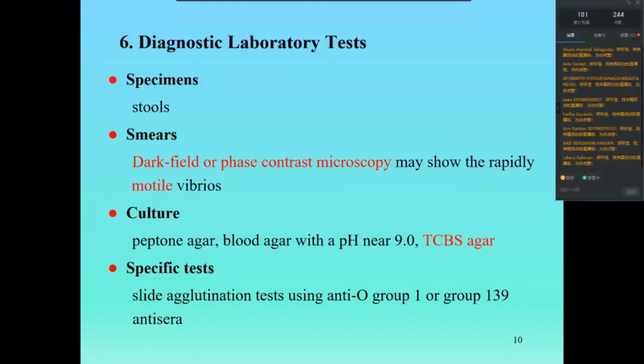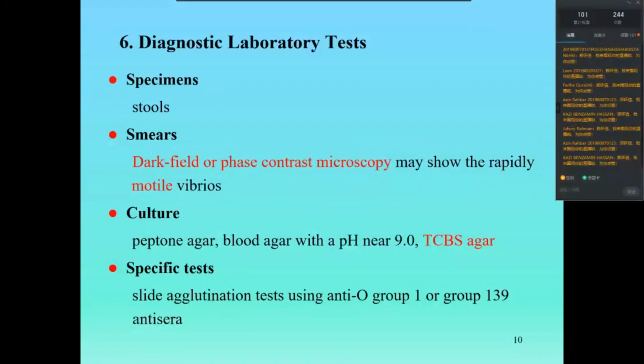When we test for the existence of Vibrio, we can run some laboratory tests, and the specimens collected are usually stools. That's easy to understand. Once the stool is transferred to the lab, we can first check the morphology of the bacteria with a microscope.